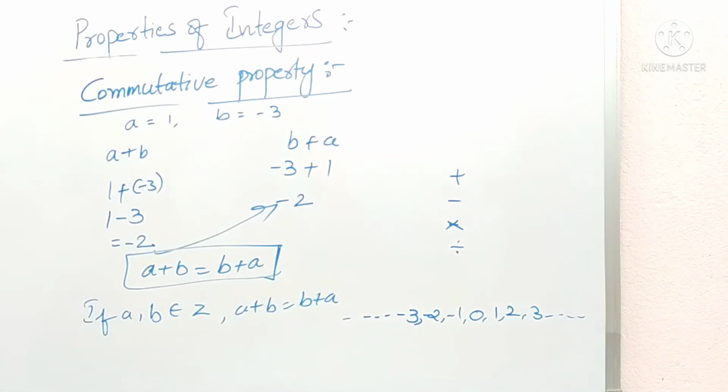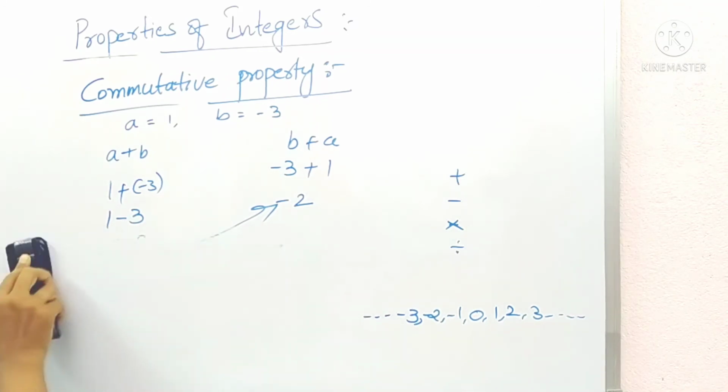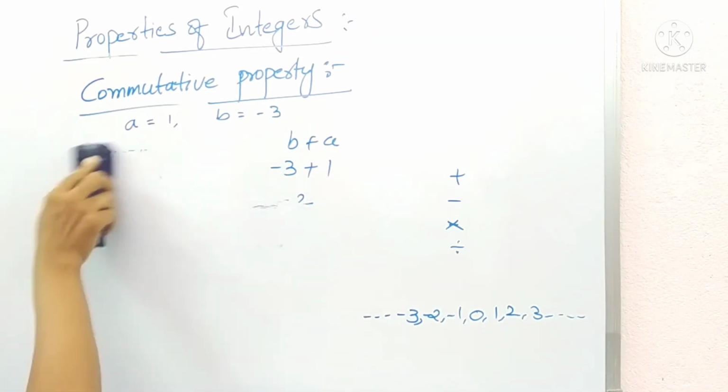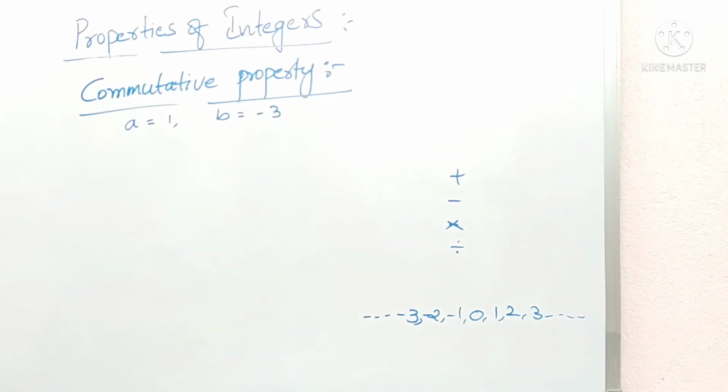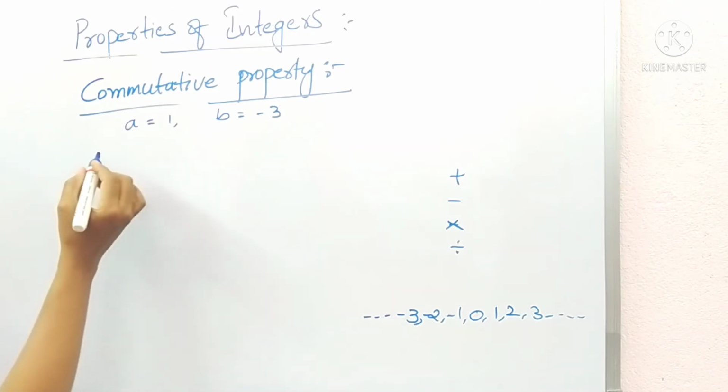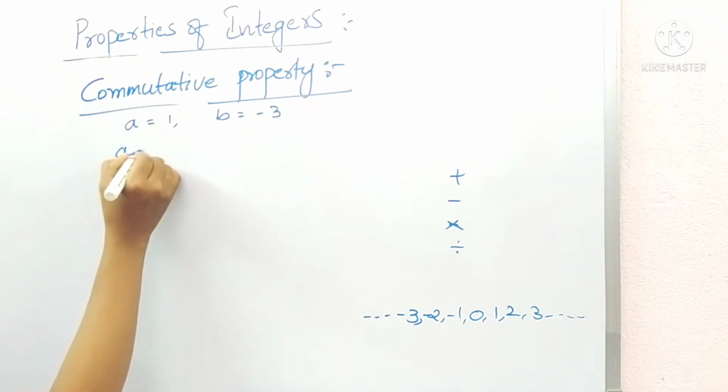Then we can say integers are commutative under addition. Now we will see under subtraction, the same way.